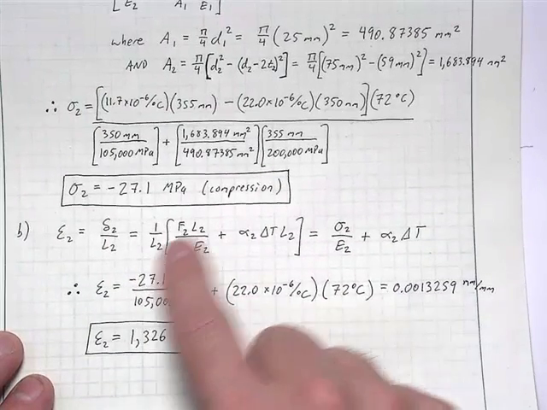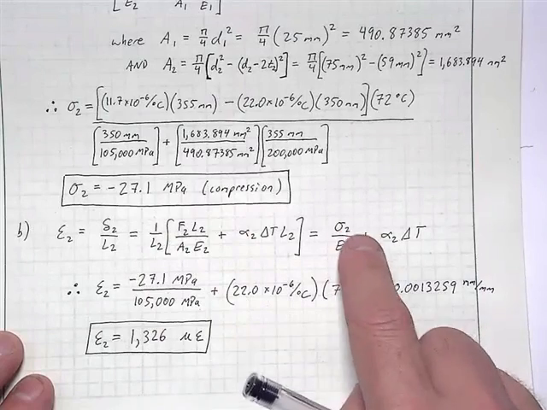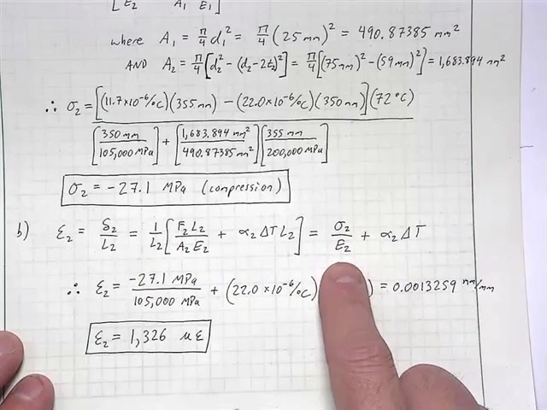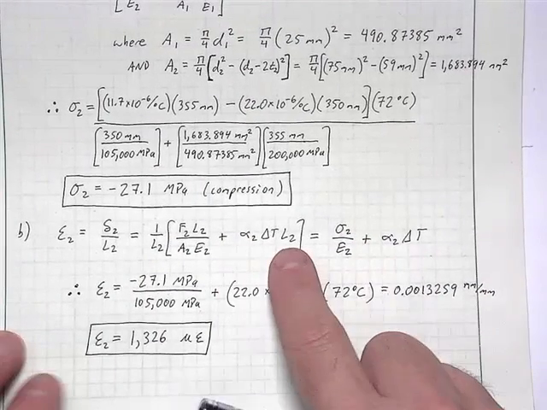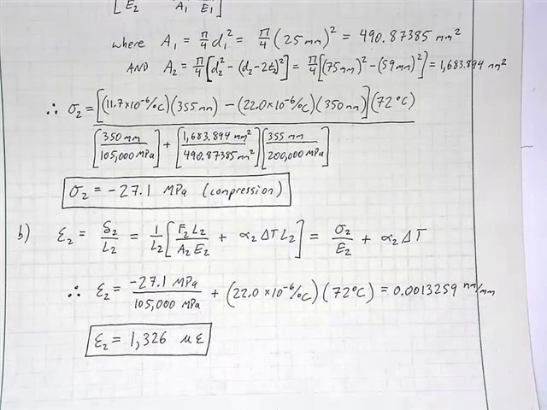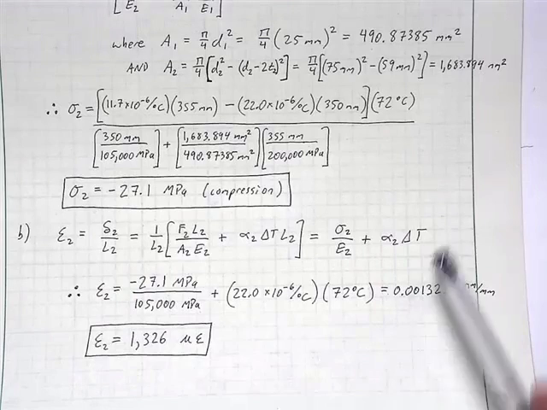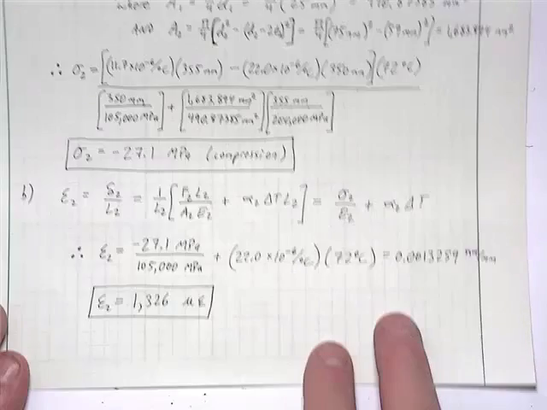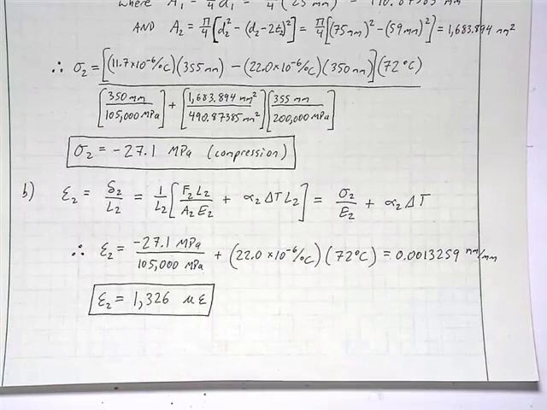The L2 cancels, so this first term is just the normal stress over E2. And the second term, well, it has an L2, and then we're dividing through by L2, so that just becomes the thermal expansion coefficient multiplied by the temperature change. And then when we calculate the strain, we find a strain of 1,326 microstrain.